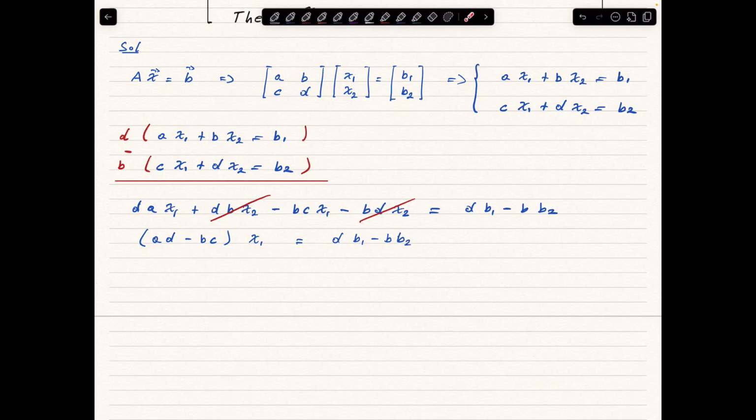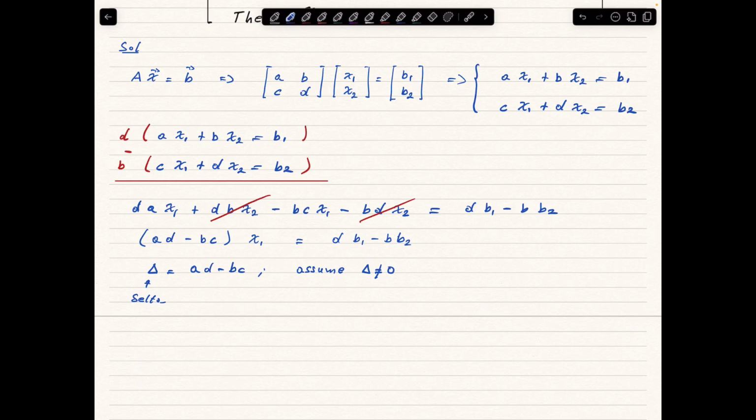So we are going to be able to solve for x1 if this quantity is different from 0. So we are going to give that quantity a name. We are going to introduce the quantity delta, so this here we call it delta. It's just a name for this combination of coefficients ad minus bc, and we assume that delta is different from 0.